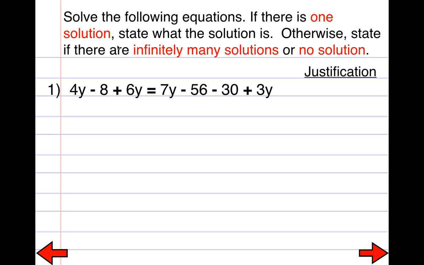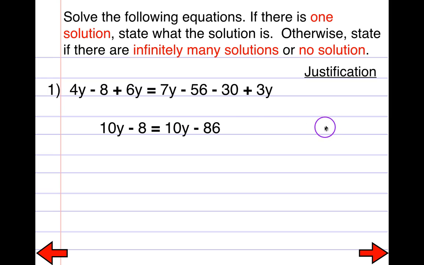Okay, so looking at our very first example, what we're going to do is go through the same routine like we normally do. Check to see, can we distribute? The answer is no. Can we combine like terms? The answer is yes. So I'm going to combine like terms individually on both sides, and I'm going to end up with 10y minus 8 equals 10y minus 86. How did I get this step? Because I'm asked to justify.